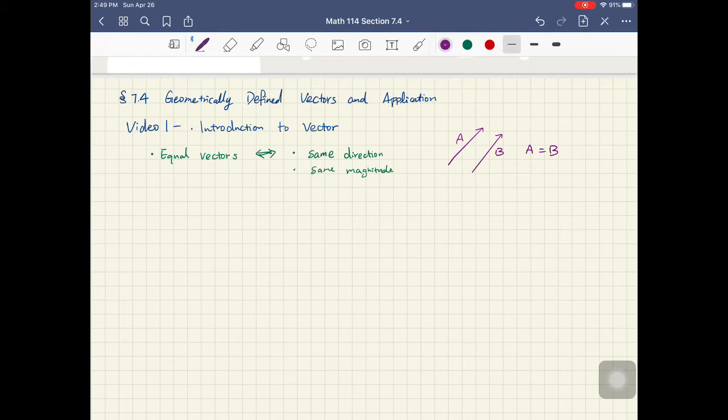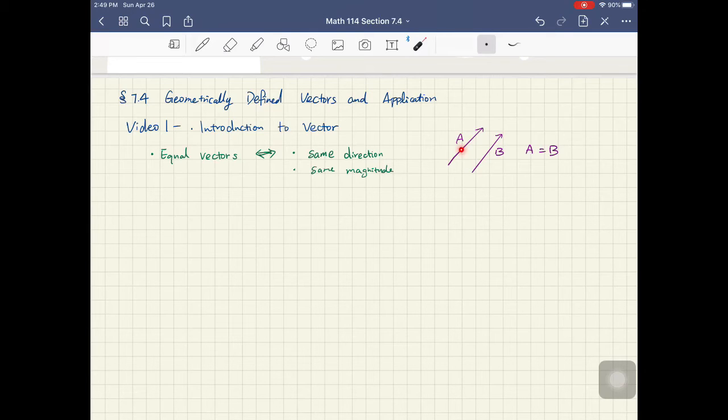Here you can see I didn't use the initial point and an endpoint to describe a vector. I just drew a vector arrow and labeled it as vector A or vector B. So in this case, we do not need to always have two letters. We can just use one letter to represent the vector.